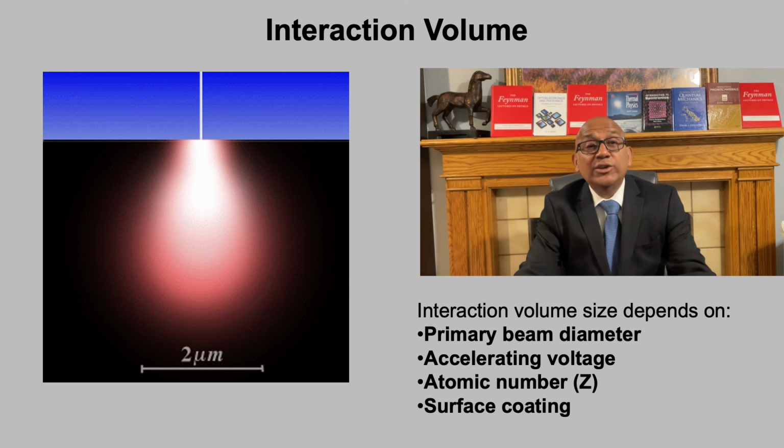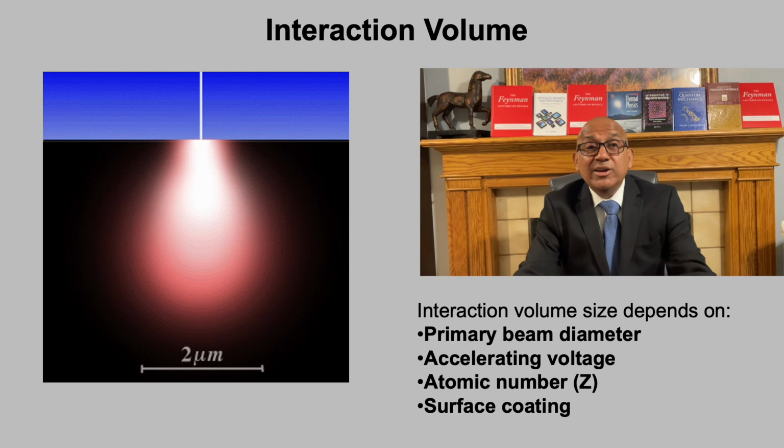A tightly focused beam produces a smaller interaction region, while a broader beam spreads interactions over a larger area. Second, the accelerating voltage strongly affects penetration depth. Higher beam energies allow electrons to travel deeper into the specimen, increasing the interaction volume. Lower voltages confine interactions closer to the surface, which can improve surface-sensitive resolution.